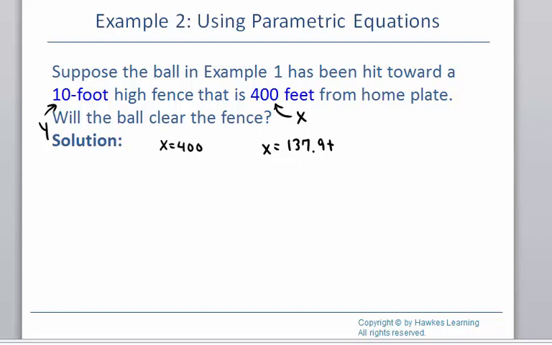I'm going to plug the 400 in here for the x, and now I'm going to divide both sides by 137.9. That gives me a t value of 2.9 seconds.